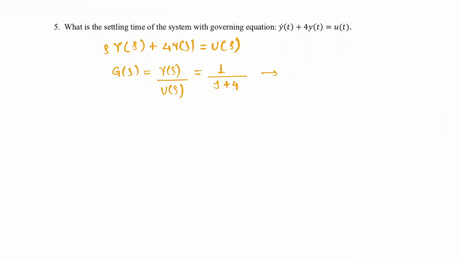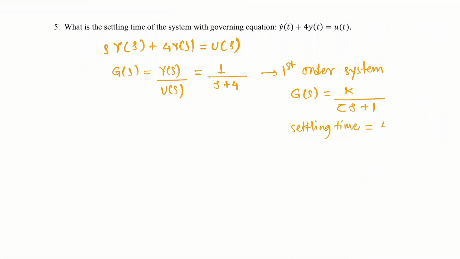So this is a first order system, and if we have a first order system of the form, say, k over tau s plus 1, then the settling time is given by 4 into tau. So let's divide the numerator and denominator by 4.